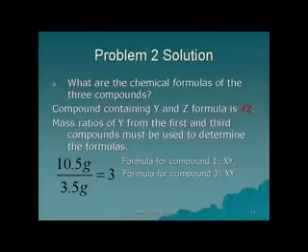And we're going to take the 10.5 grams of Y from compound 1, divide it by the 3.5 grams of Y that would be in the third compound, when we look at the relationship between 10.5 grams of Y for every 1 gram of X in compound 1 and 3.5 grams of Y for every gram of X in compound 3. When we do that, we get a whole number 3, so we can make the conclusion that our formula for compound 1 is XY3, and our formula for compound 3 is XY, which we had already determined.